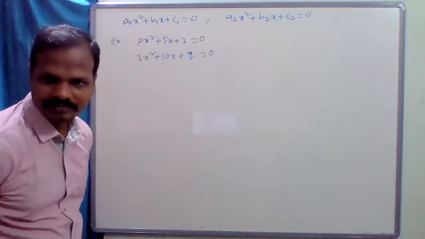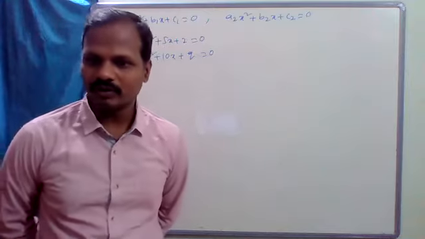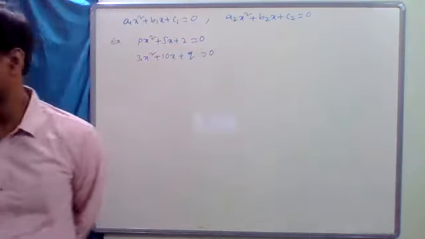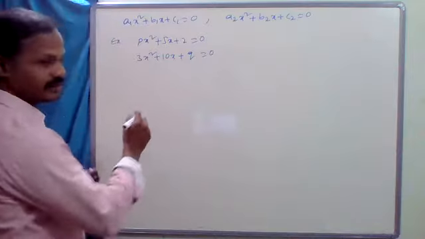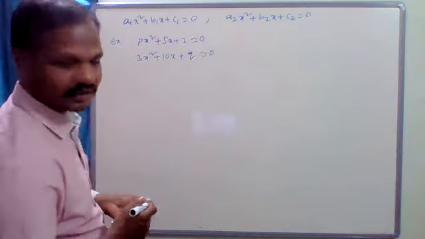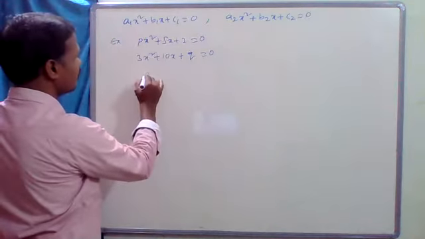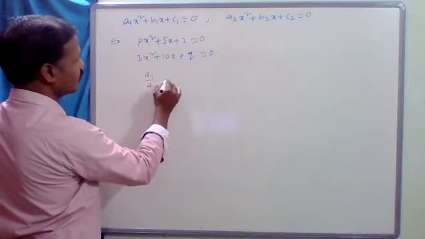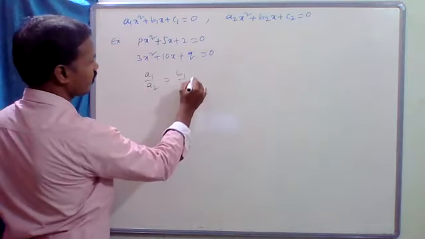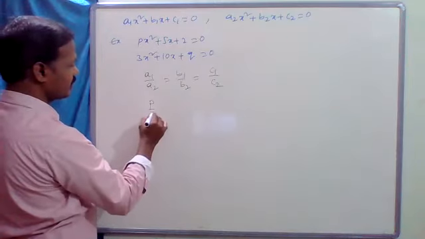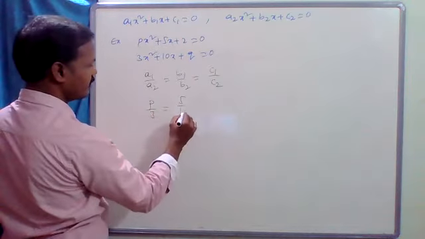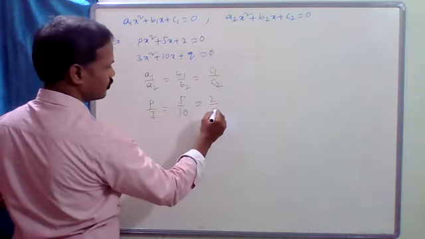Okay, good. p equal to 3 by 2, q equal to 4. Since both roots are common, A1 by A2 equal to B1 by B2 equal to C1 by C2. That is p by 3, 5 by 10 equal to 2 by q.